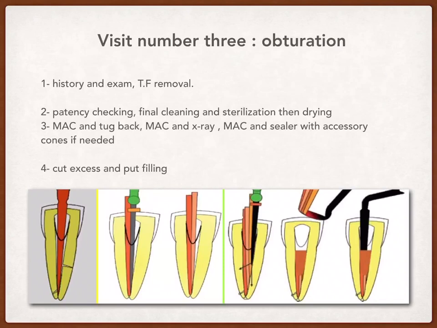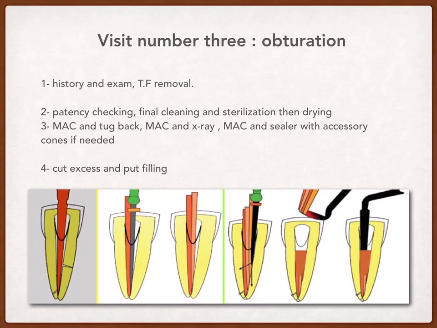Again, we will do the history and examination of the intended tooth, and here the examination and history taking are the most important ones from the previous two visits, because in this visit we should be totally sure that the tooth has no pain on percussion and the periradicular tissues are totally healed, so that we can obturate, because we cannot obturate on a diseased bone.